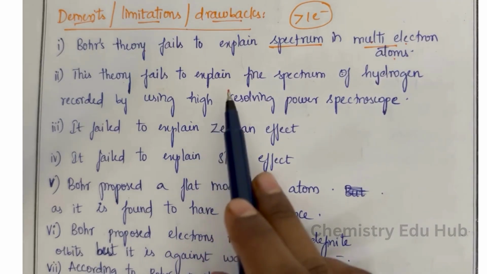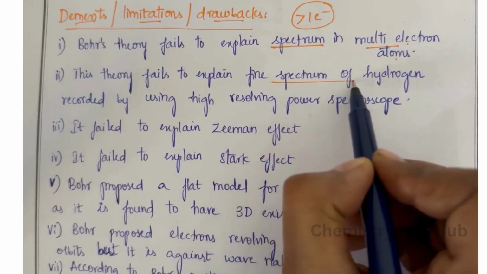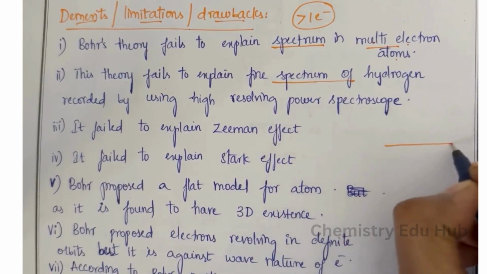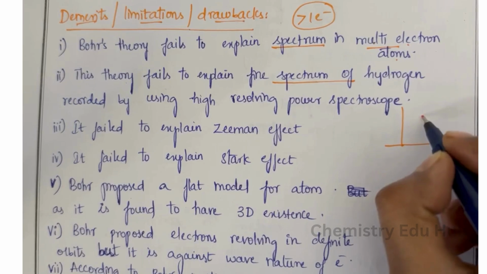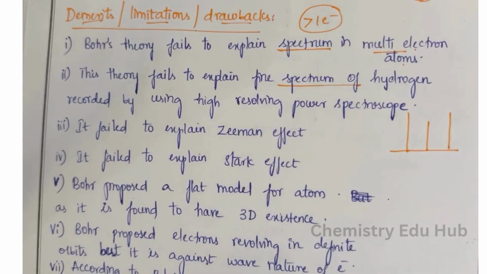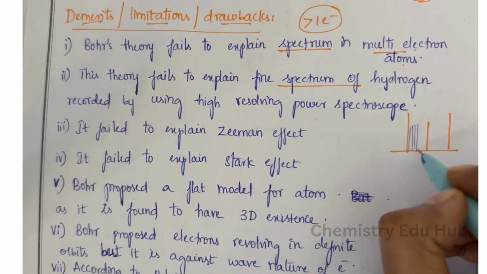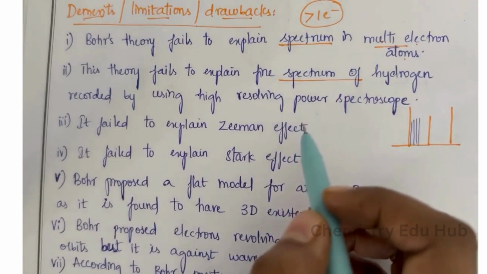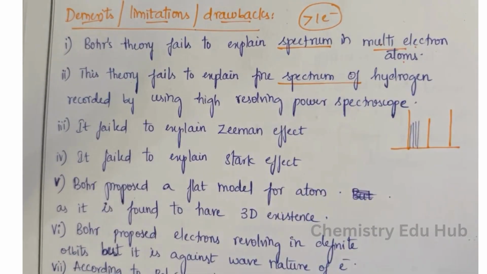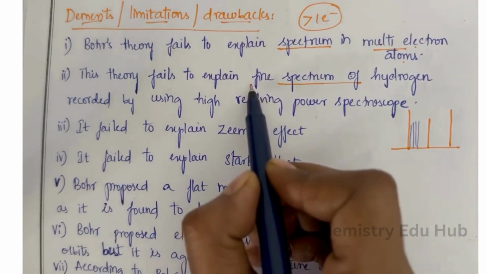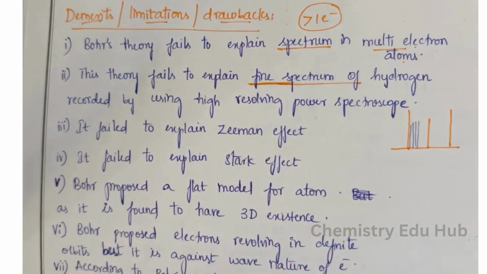This theory fails to explain the fine spectrum of hydrogen. Whenever we observe the hydrogen spectrum under a high resolution microscope, we see one line splitting into further smaller lines. Such spectrum is called fine spectrum. Now that fine spectrum was not explained by Bohr's theory.